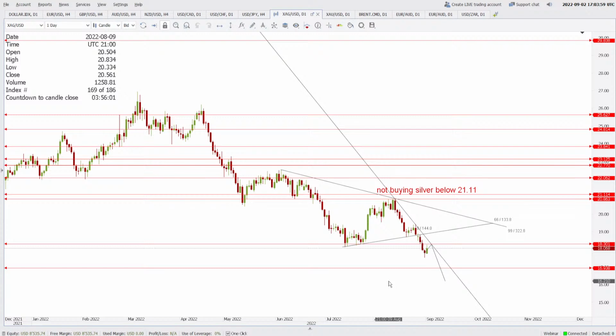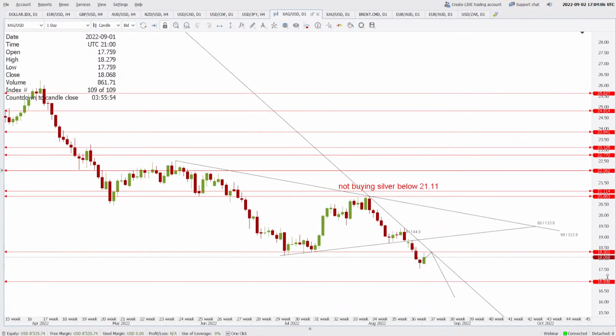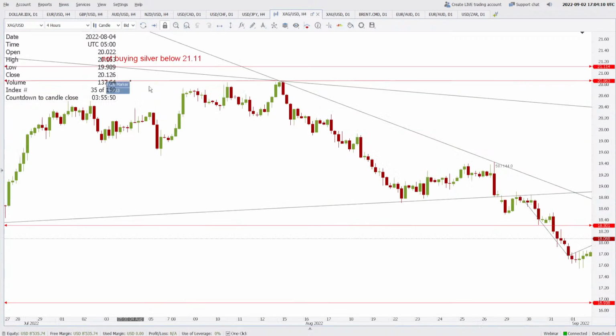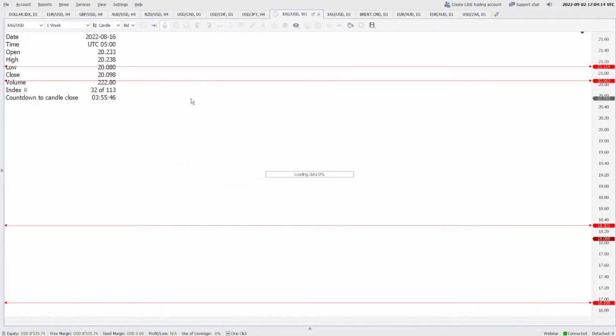Engulfed pin bar, hence fall. Well, where is the engulfed pin bar? On which time frame? Which time frame are you talking about? There is no engulfed pin bar. Are you talking about the weekly?